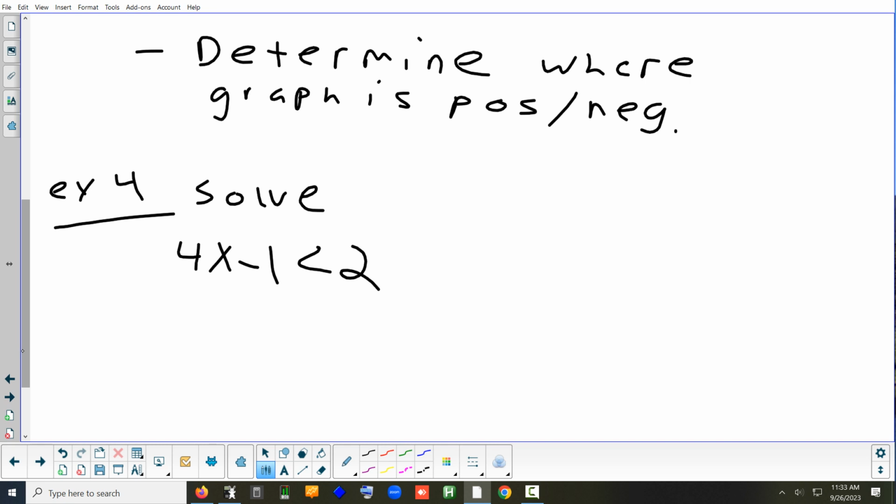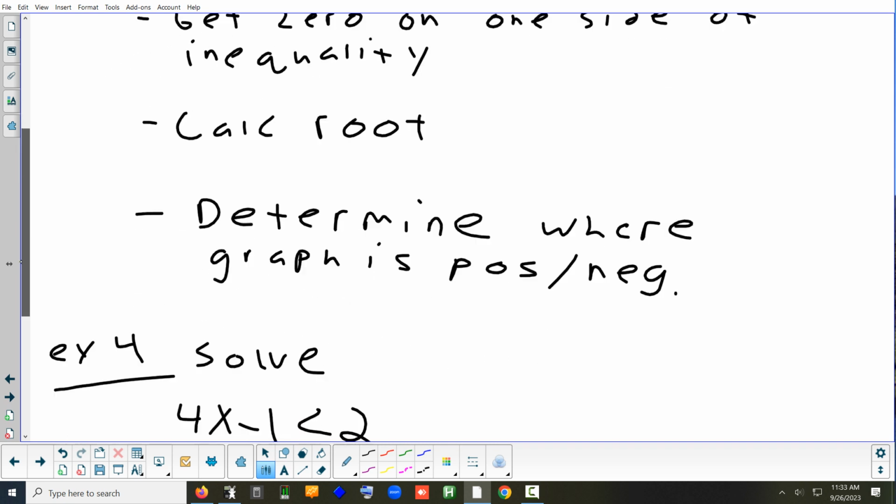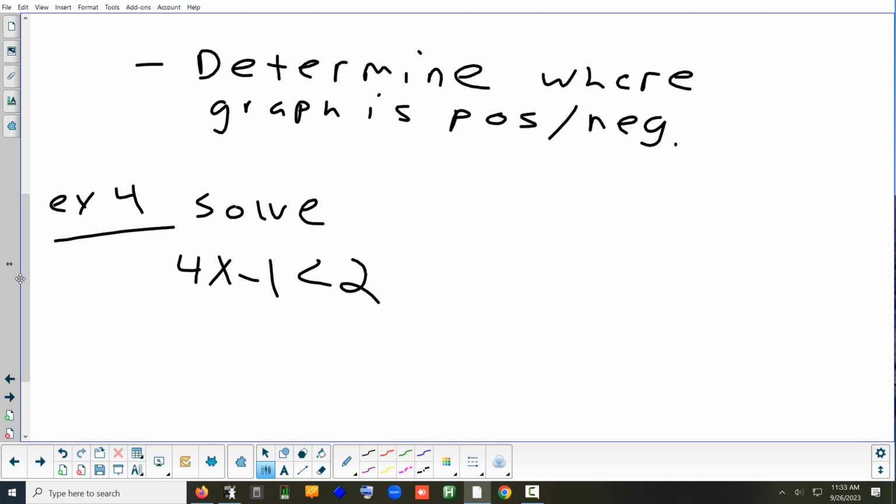To get everything on one side, I don't think that would be the quickest way. I would subtract 2, because we're going to calculate a root. If we were going to solve it algebraically, then yes, I would do what you just said. So 4x minus 1, minus 3 is less than 0. Okay, let's graph it.